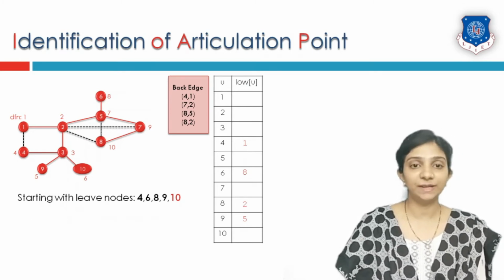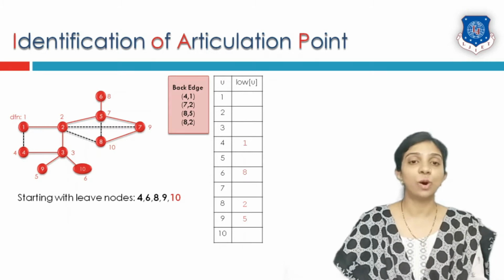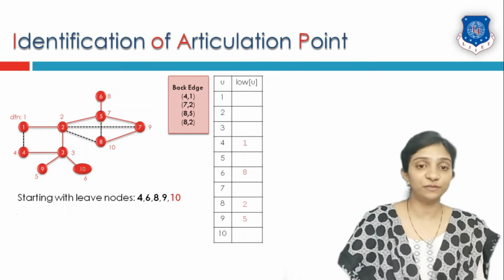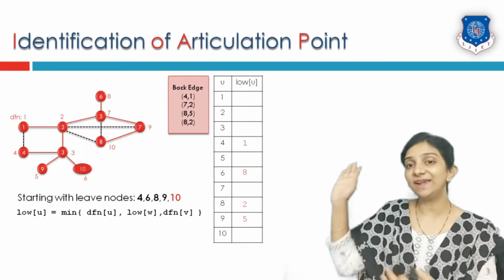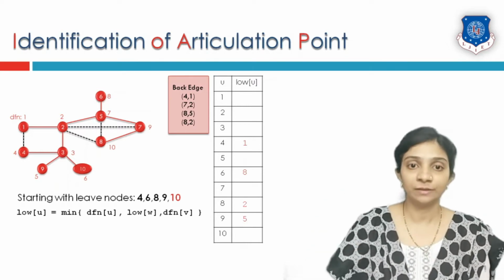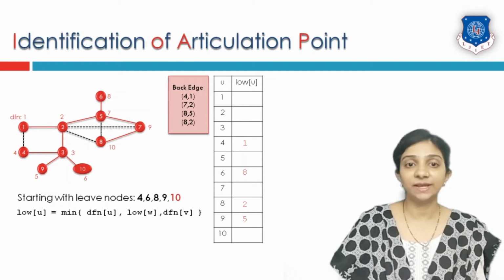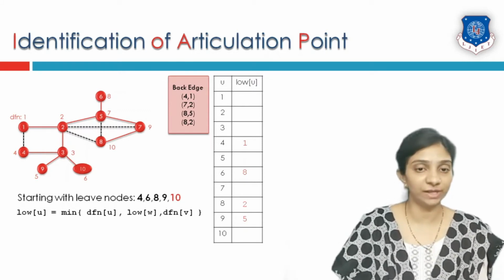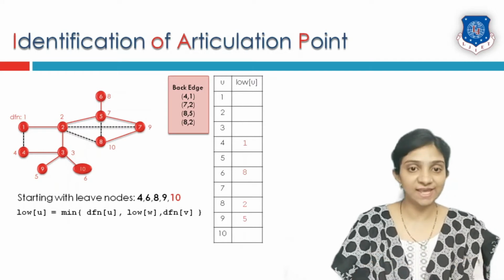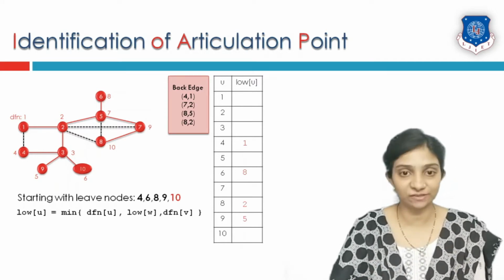Now after completing this, we have to work on the parents. Those parents can be worked on whose children's low is ready inside my table. As you can see, vertex 3 has 3 children, 4, 9 and 10, whose low is ready, so I can start computing vertex number 3.